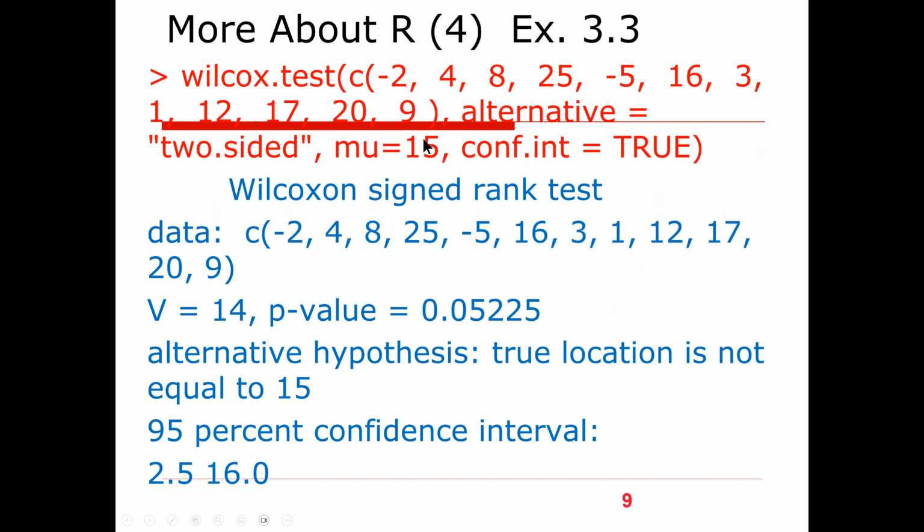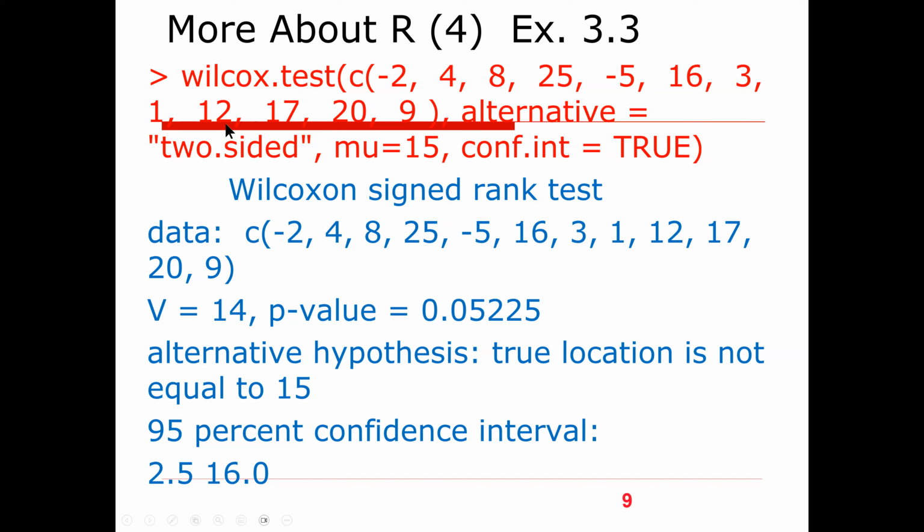We just need to define the alternative as two-sided. We do not have to define it because it's the default, and then define mu as theta 0, the hypothesized median value. And then we need to set the confidence interval option conf.int as TRUE because we want it to return this information. The default confidence level is 95%. If it's not 95%, then we need to define conf.level equals a value we choose, like 90% or 99%.